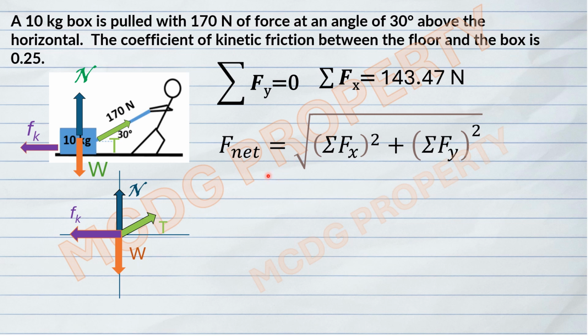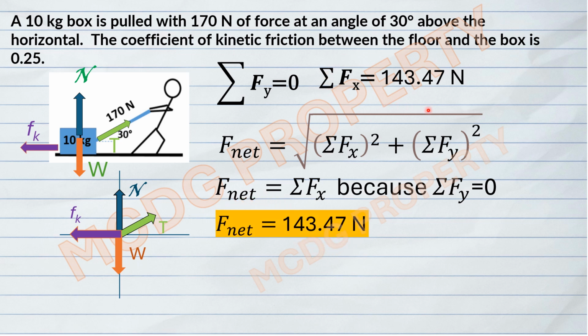Now, since the summation of forces along the y is 0, then the net force is just equal to the summation of forces along the x, and that is equal to 143.47 newtons. So the net force acting on the box is 143.47 newtons, and the direction is along the positive x-axis.